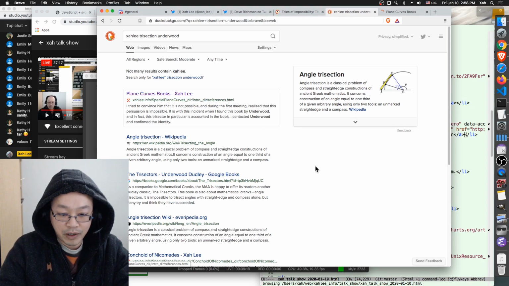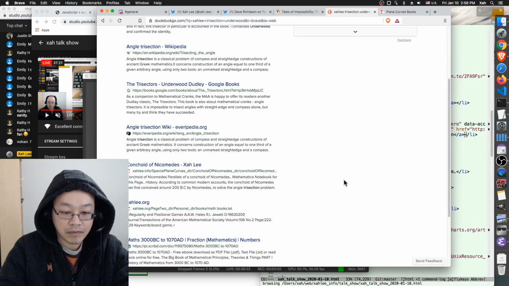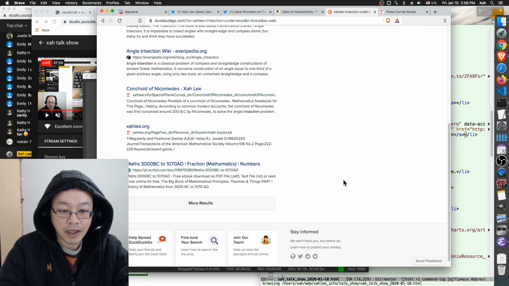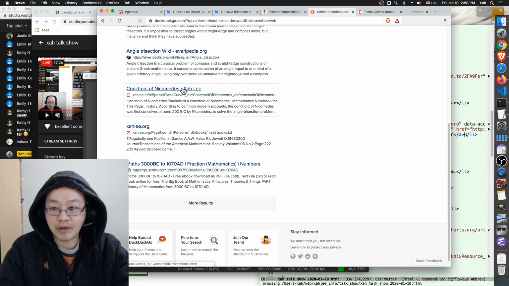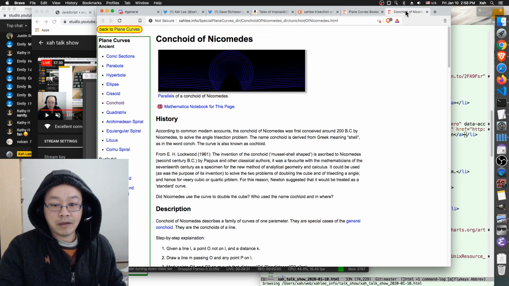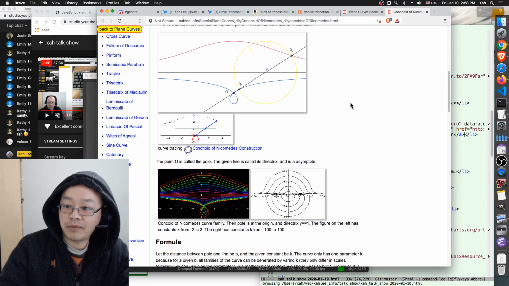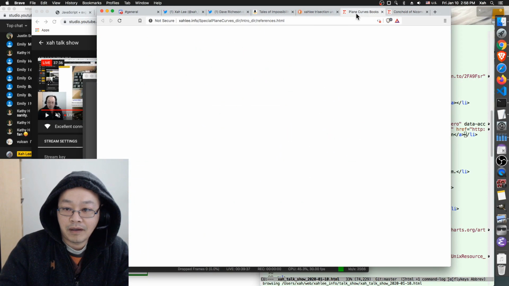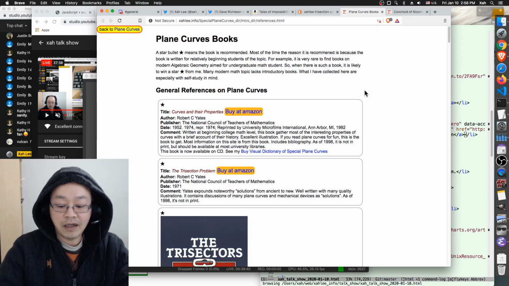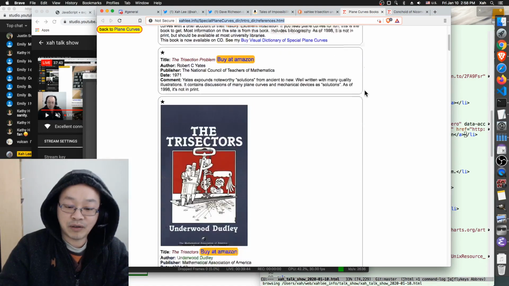Plane curve books. And let me show you some of my math pages. Plane curves, a fascinating subject. So here is my reference. This is my collection of references related to plane curves.